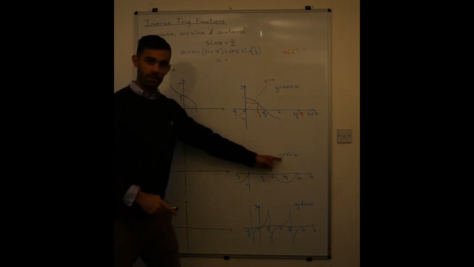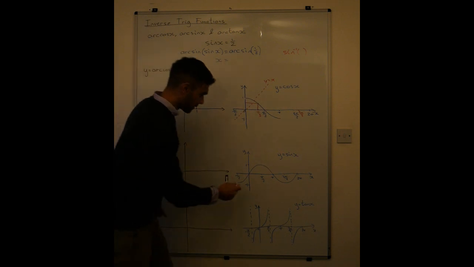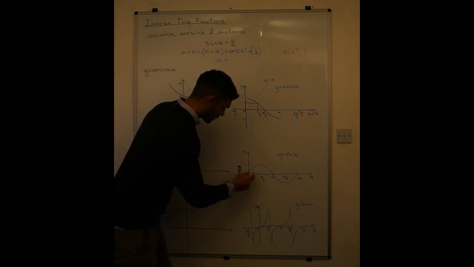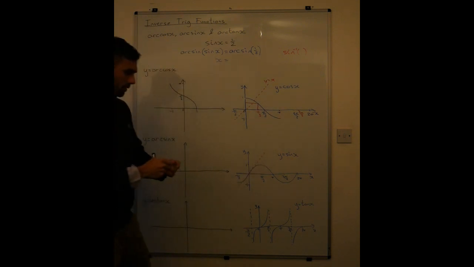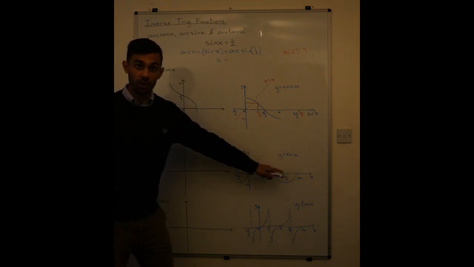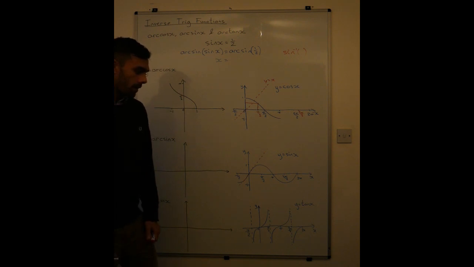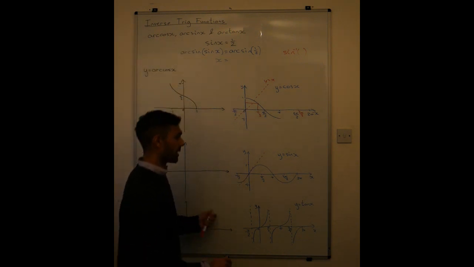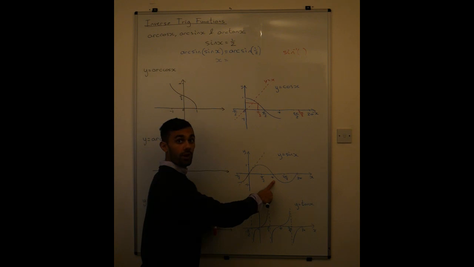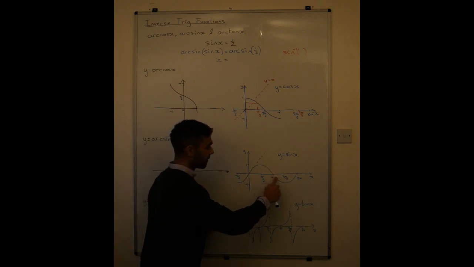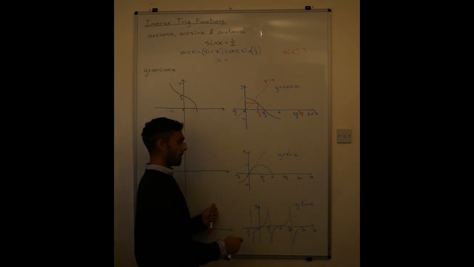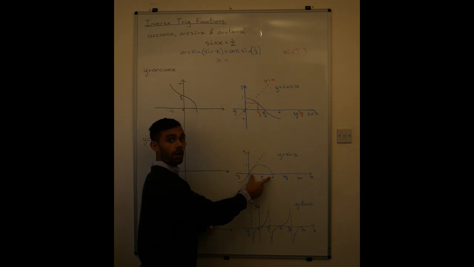Okay, on to arcsin. Again, we're going to reflect sine in the line y equals x. There we go. But we've got the same issue with sine. Sine is also a many-to-one function. So let's just restrict the domain in the same way. So first of all, I'll cut this curve off after pi. There we go. All right. But you've probably noticed, even from 0 to pi, it's actually still a many-to-one mapping.